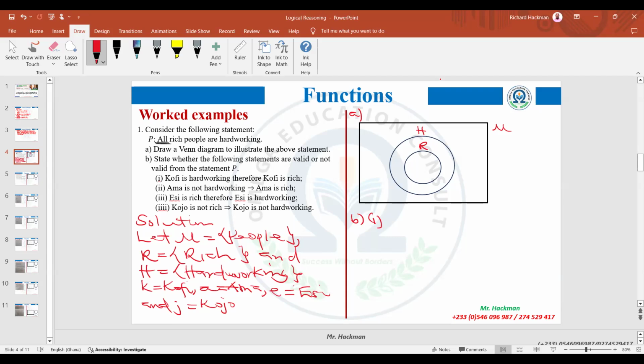So B, we are supposed to state whether the following statements are valid or not valid from the statement P. So this is going to be our argument. So Kofi is hardworking, therefore Kofi is rich. So you can see that you have 2 simple statements here, joined with therefore, making it a compound statement. Is that clear?